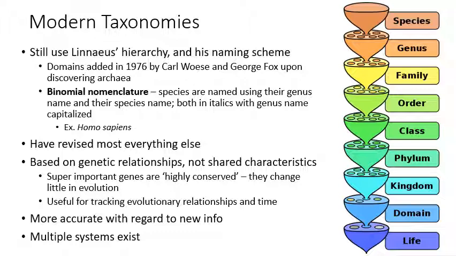So for these really crucial genes that are highly conserved, they're not changing much over time, which means that even if we're trying to look at vast stretches of time, like millions and millions of years, we can still track that gene and see that it's not changing that much. And that really helps us look at the relationships between things.